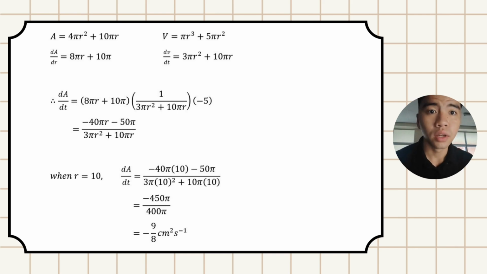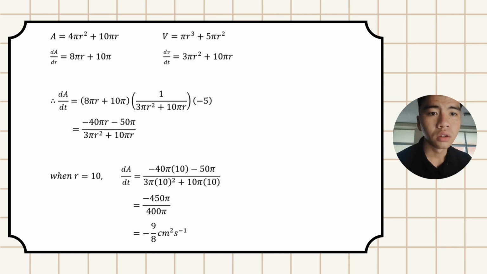So next we have the values of A, the area, and V, the volume, dA over dr and dV over dr. So the value of A is 4 pi r squared plus 10 pi r. The volume is pi r cubed plus 5 pi r squared. dA over dr is 8 pi r plus 10 pi. dV over dr is 3 pi r squared plus 10 pi r.